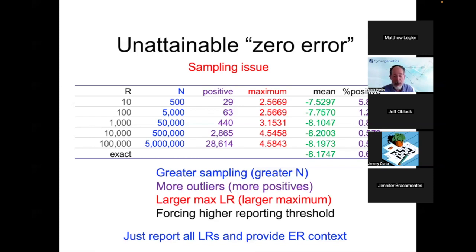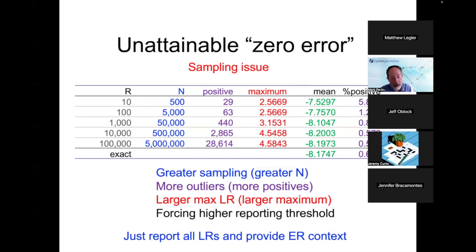If you keep sampling based on these distributions, it's only a matter of time before you cross any fixed reporting threshold level, because it doesn't go to 0. The more you sample, the more chance you're going to get to have some maximum outlier that will traverse and go beyond whatever you've set.